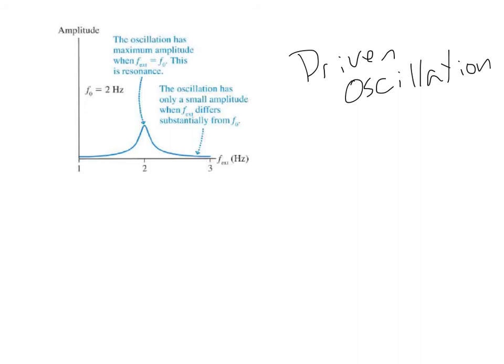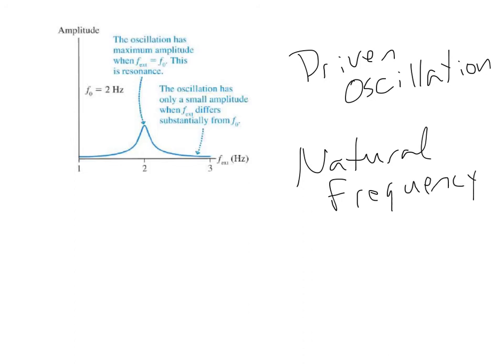Now, if we imagine an oscillator that, when it's left to itself, oscillates at some frequency, we call that frequency its natural frequency. Okay, so all things actually have a natural frequency at which they will oscillate. If we then subject that system to some periodic external force of some other frequency, that frequency is called the driving frequency.